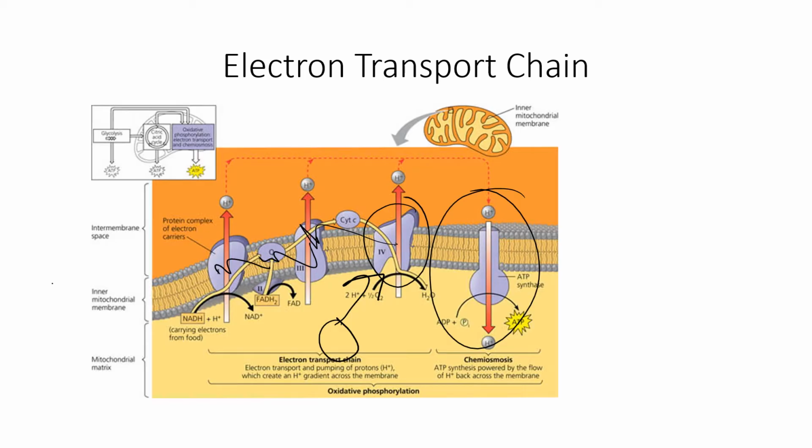You need lots of oxygen constantly coming to the electron transport chain to take electrons away from the fourth complex. These electrons constantly need to be extracted from the fourth complex so that the electrons from NADH and FADH can keep moving through the chain.